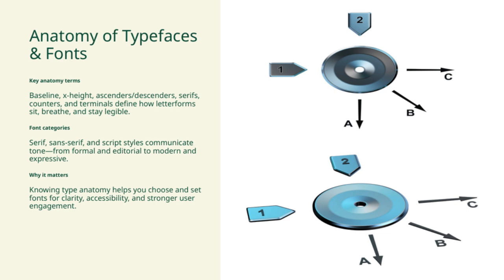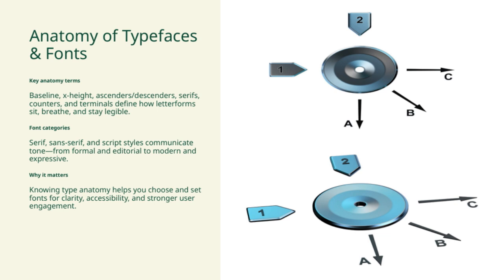Key features like baseline, X-height, ascenders and descenders, serifs, counters, and terminals define how letter forms sit on the line, breathe within their space, and stay legible. For instance, the baseline is where most letters sit, and the X-height influences how tall lowercase letters appear. Ascenders and descenders extend above or below the main body of the letter, affecting readability and style.